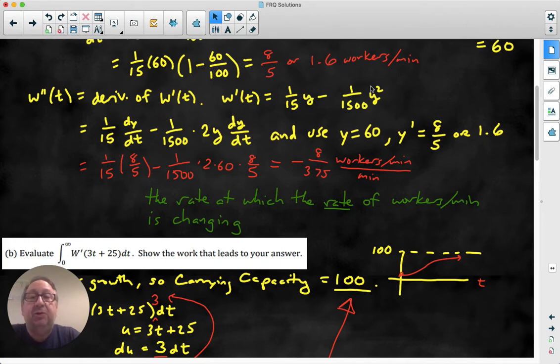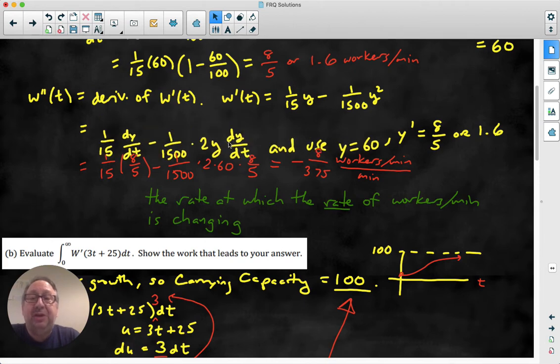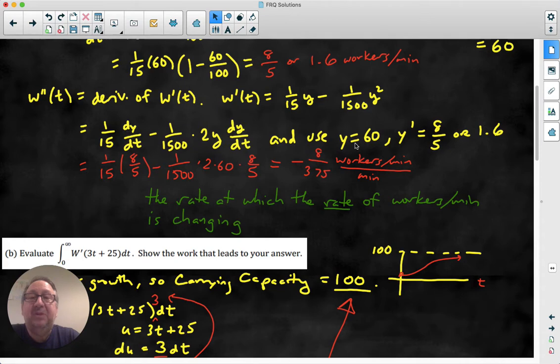So whenever we take derivatives of y, because the independent variable here is actually t, we're going to get dy dt's. So 1/15th y, its derivative 1/15th dy dt. And 1/1500th y squared becomes 1/1500th 2y dy dt. Again, we're substituting in y is equal to 60, and the y prime we had just calculated in the previous part as 8/5.